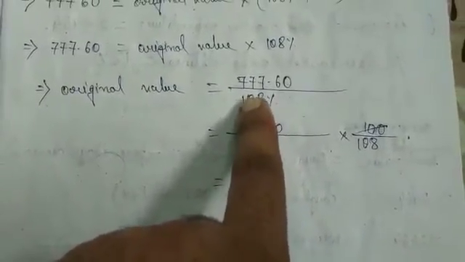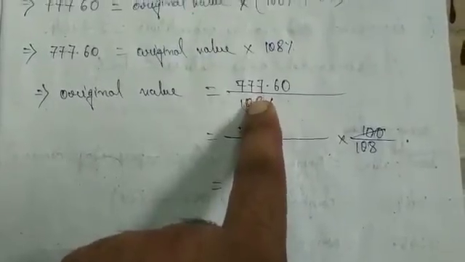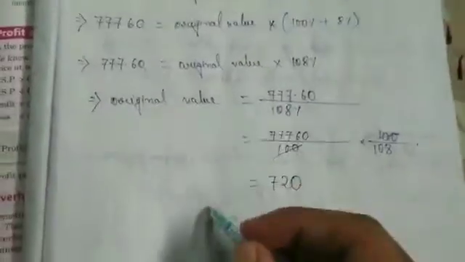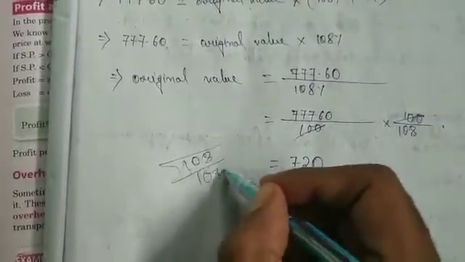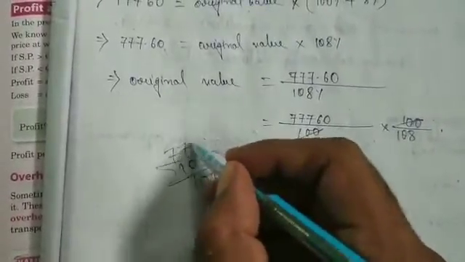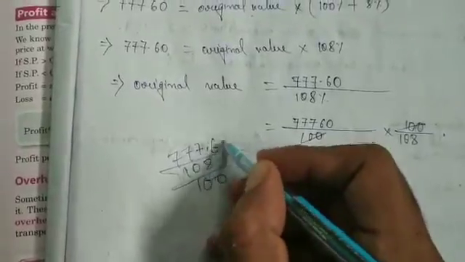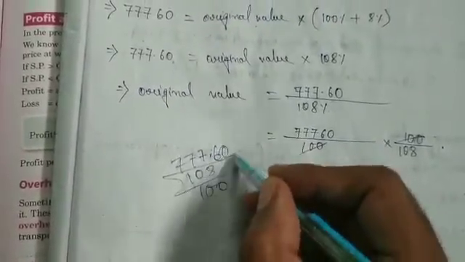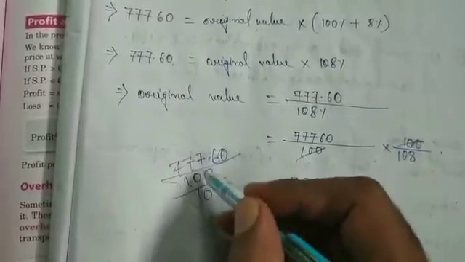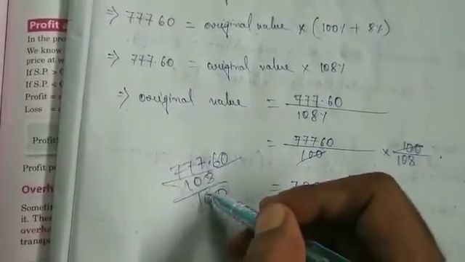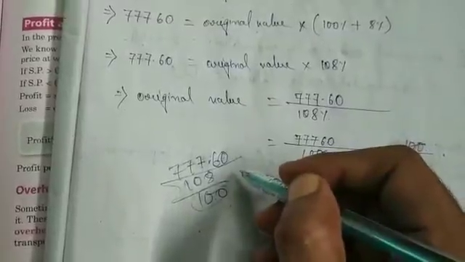Since it is in the denominator, if we write the fraction like this, 108 divided by 100 by 777.60, then in the next step the denominator of a denominator comes to the numerator of the fraction.